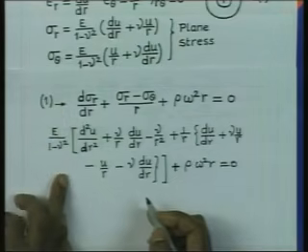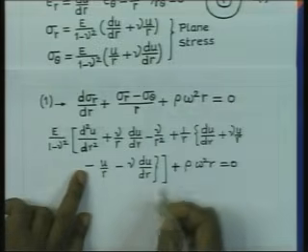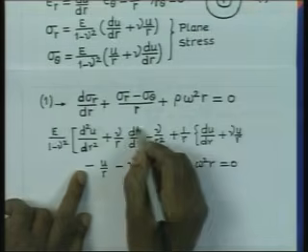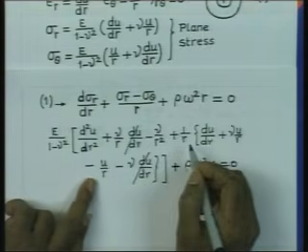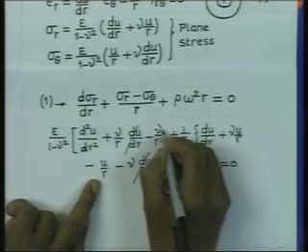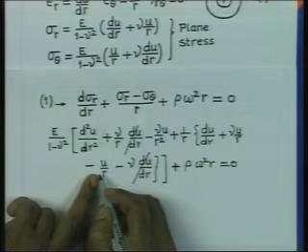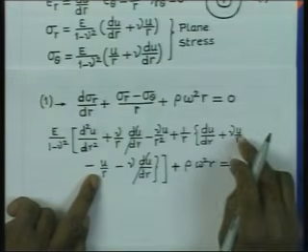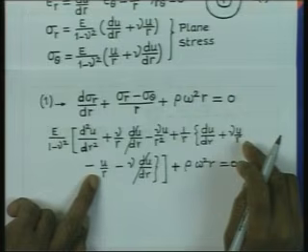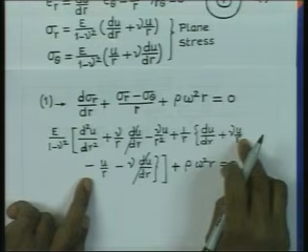Now you see here we are going to have some cancellation. So, this term will cancel with this term, and nu u by r square is going to cancel with the term here. Minus nu u by r square is going to cancel with this term.